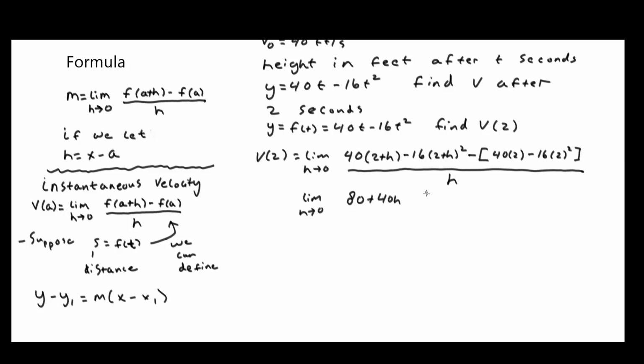And then expanding this out, we'll go ahead and write our 16, and then our expansion comes out to be 4 plus 4h plus h squared. And then calculating this out, we have a negative 80 and a positive 64. So our 80s cancel, and this is all over h.